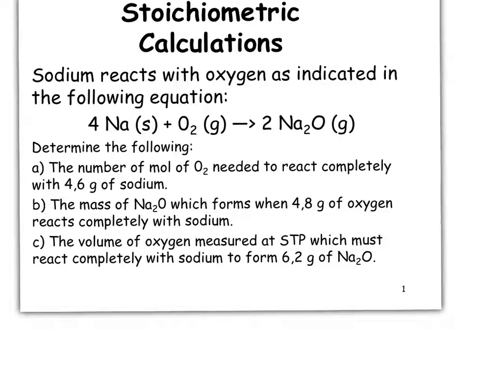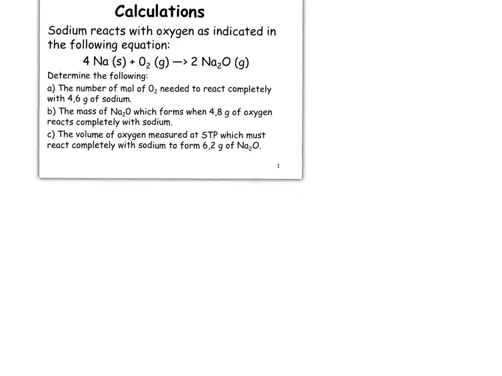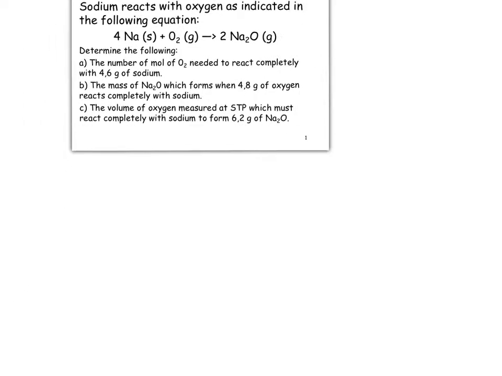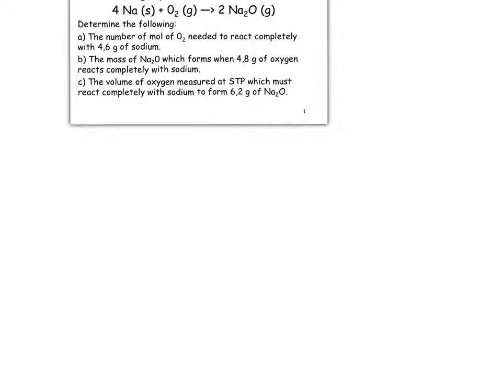What is the number of moles of oxygen needed to react completely with 4,6 grams of sodium? So underneath sodium, I'm going to write 4,6 grams. The minute I've got a mass, I'm going to also quickly determine its molar mass, and it's 23.